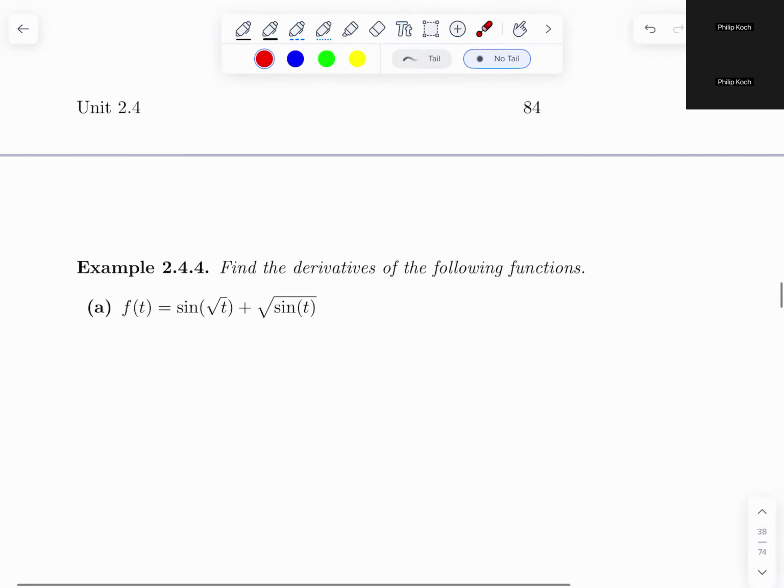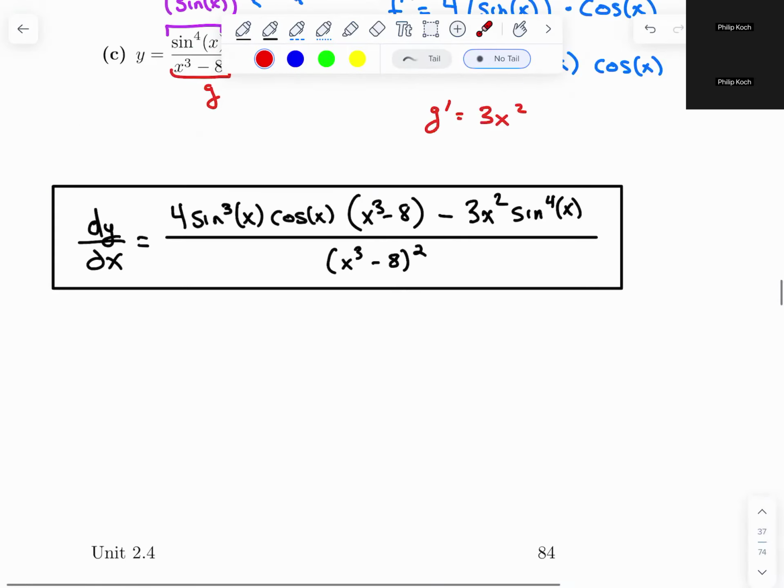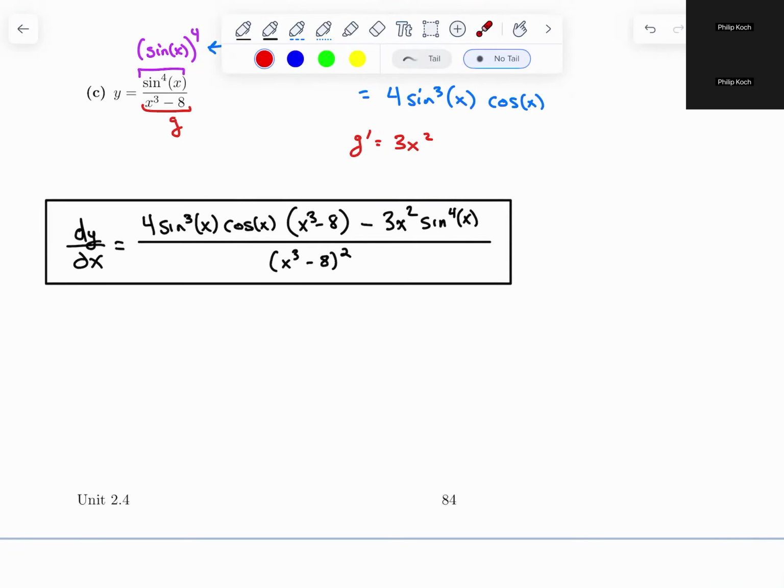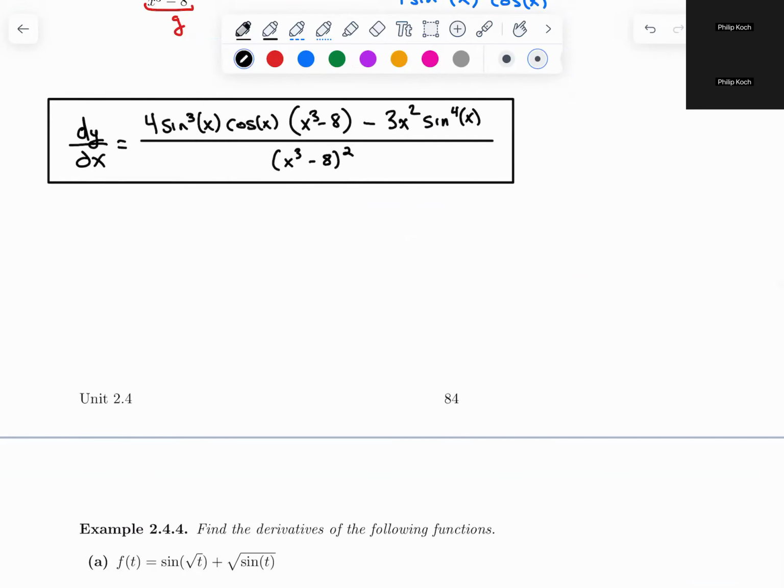Honestly, before we go into more complicated cases, let's add in an extra problem, D. Someone give me a letter.